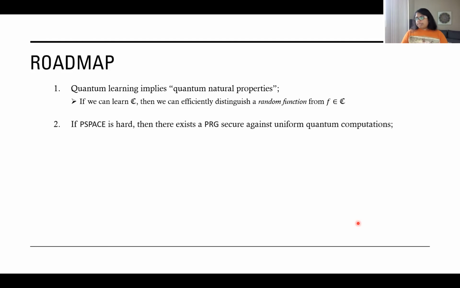The second step is assuming that if PSPACE is hard for some complexity class, in this case, quantum sub-exponential time, then there exists a pseudorandom generator, that's what a PRG is, that is secure against some uniform quantum complexity class. And the construction here is a classical construction, but the proof that we show is that it has to be secure against quantum complexity classes.